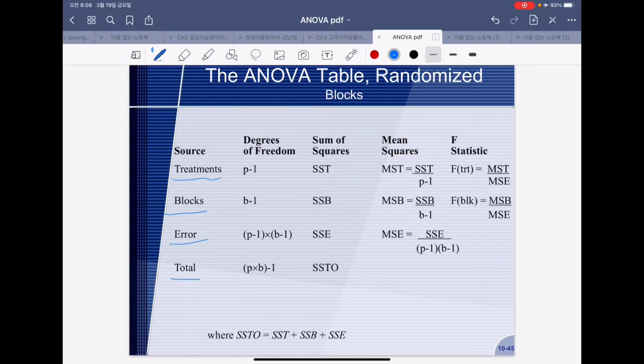This table looks very similar to the one we did in the one-way ANOVA case, right? So in this case, we have two F statistics, right? One is for the factor 1 and the other one is for the factor 2, right?